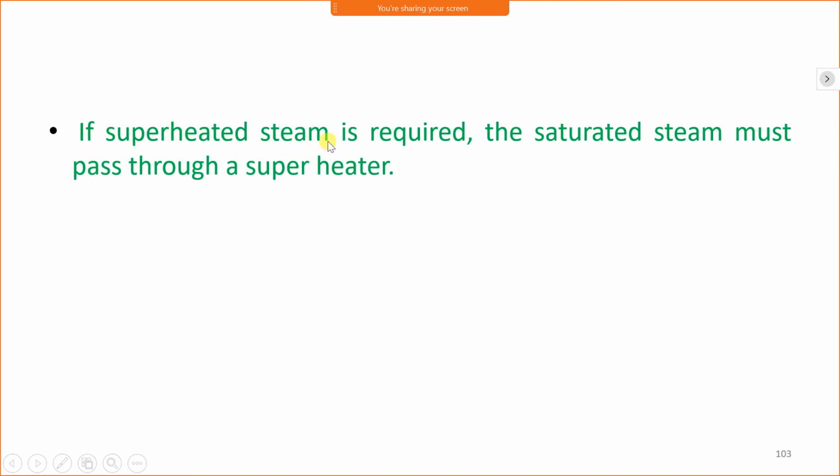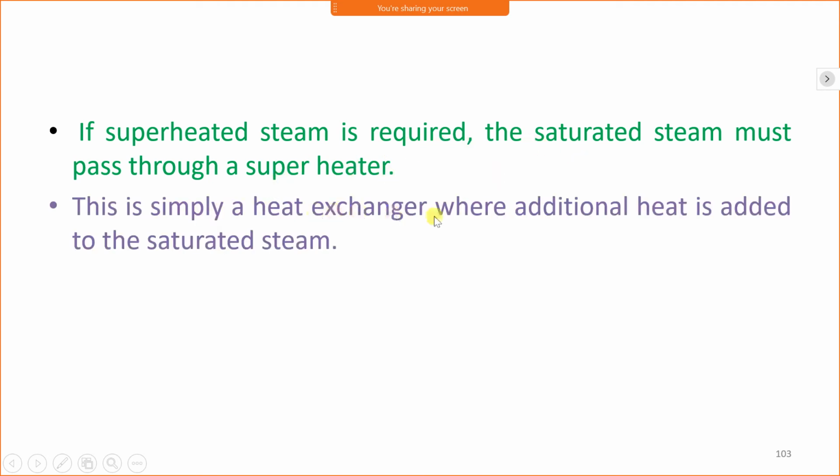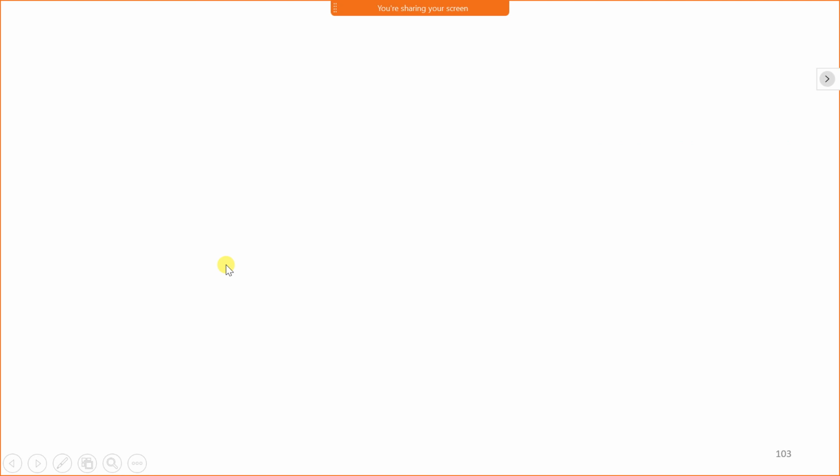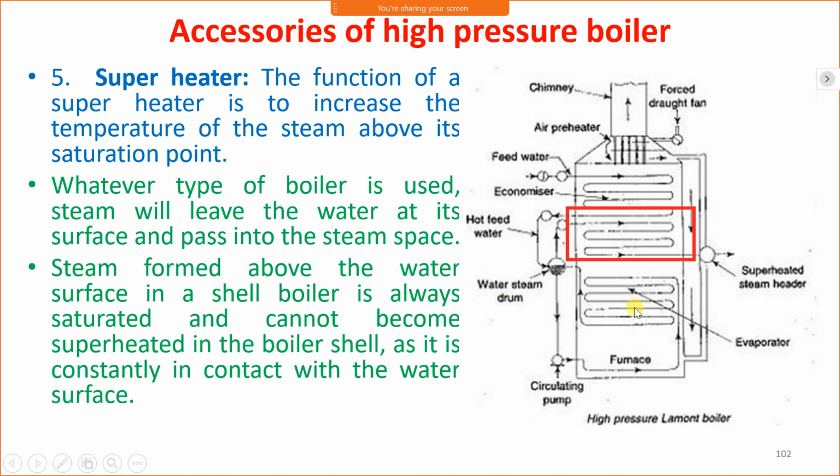If superheated steam is required, the saturated steam must be passed through the superheater. This is simply a heat exchanger where additional heat is added to the saturated steam. Here evaporator, then superheater, economizer, then air preheater. These are heat exchangers which exchange the heat.